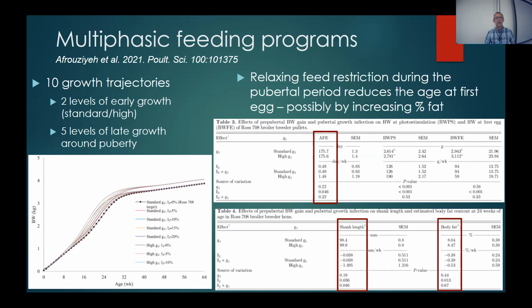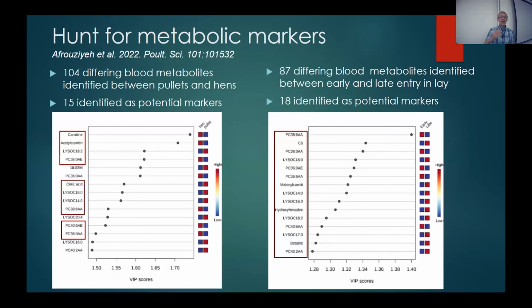And finally, a recent paper from Mohammed, and this is something we've been chasing, myself and Professor Ramachandran as well: what are the mediators between the metabolic status and the brain, and the metabolic status and the ovary?